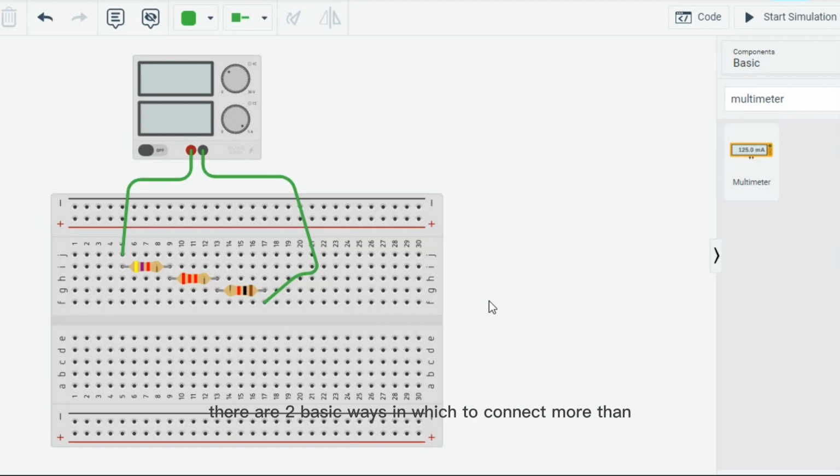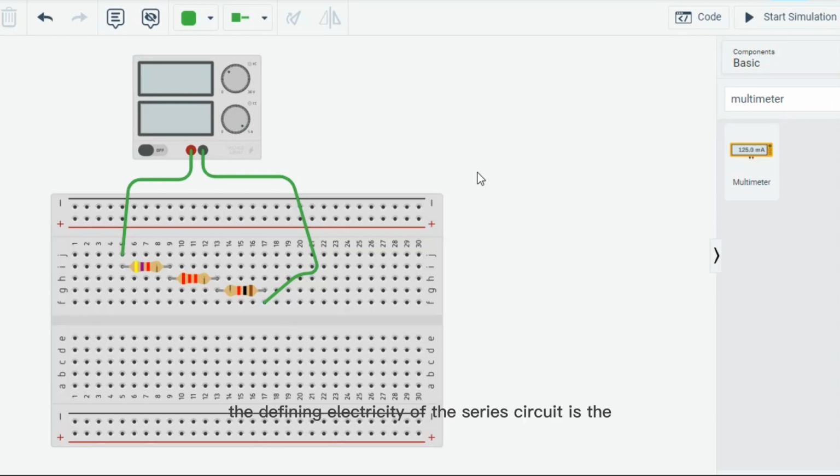There are two basic ways in which to connect more than two circuit components, which are series and parallel. First, an example of a series circuit, just like on the screen. Here we have three resistors labeled as R1, R2, and R3, connected in a long chain from one terminal of the battery to the other.